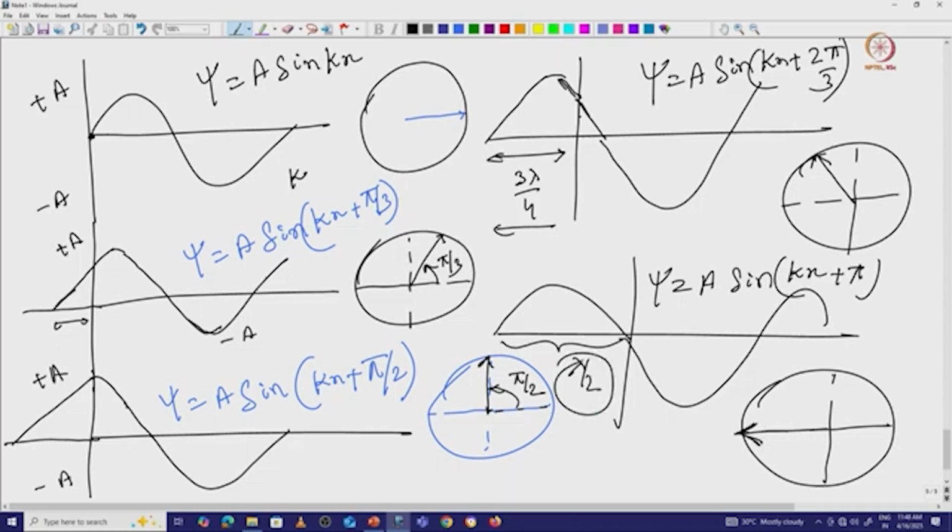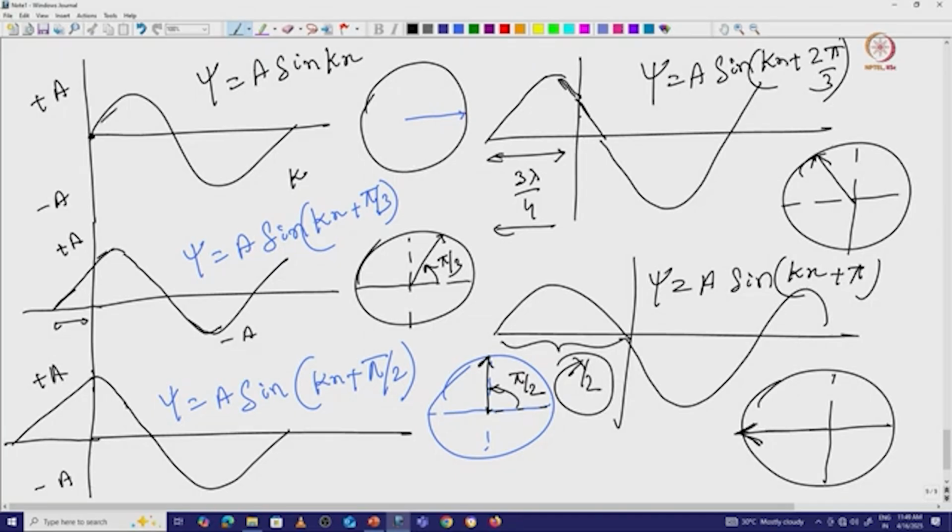So, if the path length difference is lambda by 2, we can always see that there is a phase difference and they will not be in phase. In the rest of the cases there is a phase difference, but they are still in the same phase.